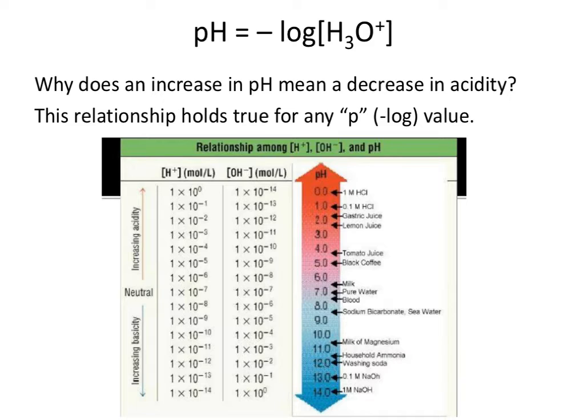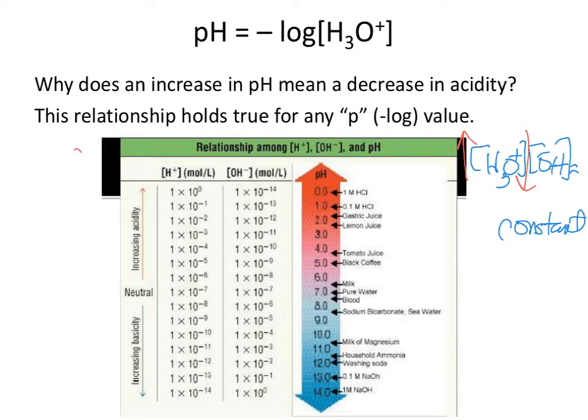And another feature of the fact that the concentration of hydronium ion times the concentration of hydroxide ion equals a constant is that that's what makes them inversely proportional to each other. As one goes up, the other has to go down.